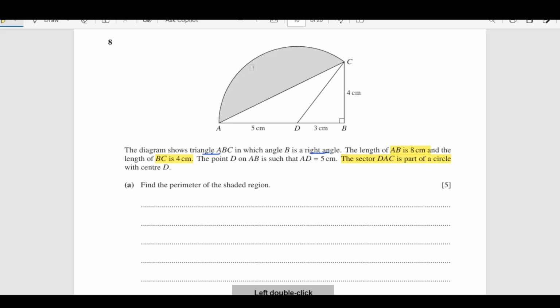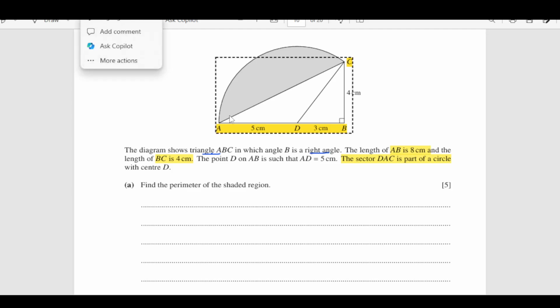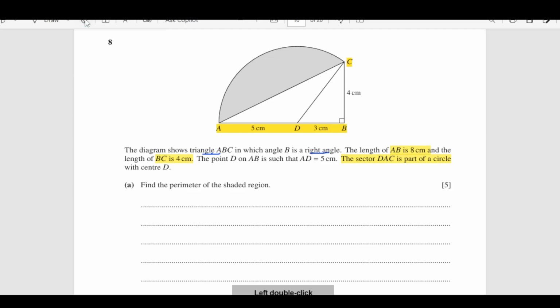So, we are looking for the perimeter. Okay, so we need the length of AC and then this circular arc, right.